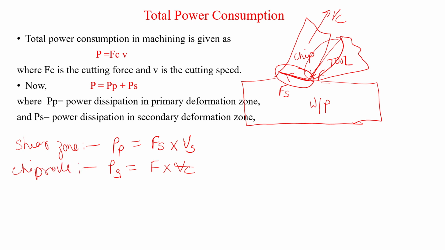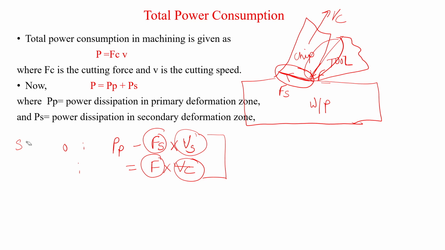So the primary power dissipation can be found using the shear force and the shear velocity, and the secondary deformation zone can be found using the friction force and the chip velocity. This we need to find so that we can find the power consumption. Now I'll show you the formulas.